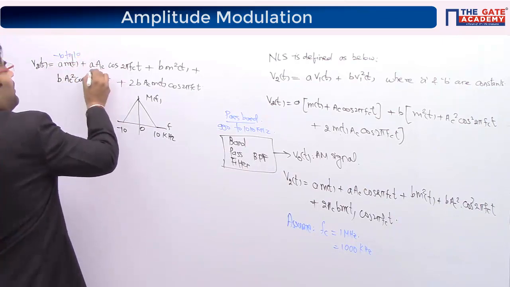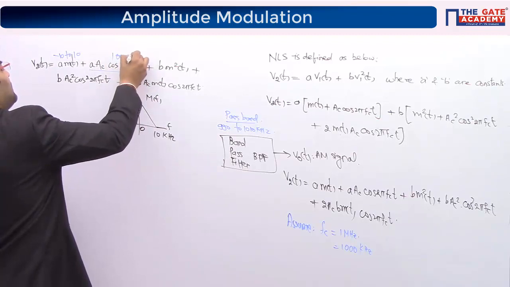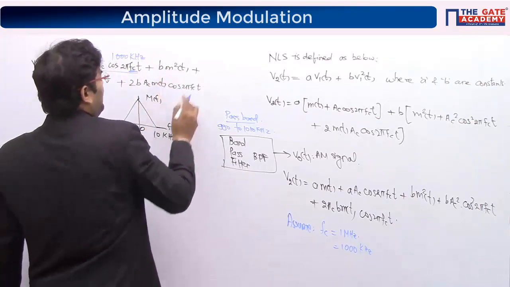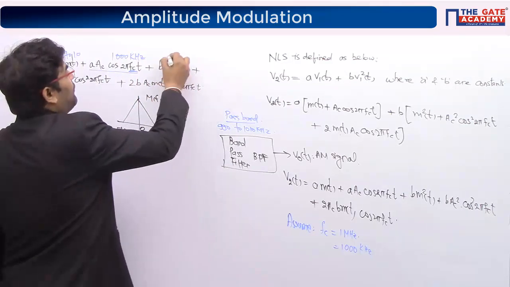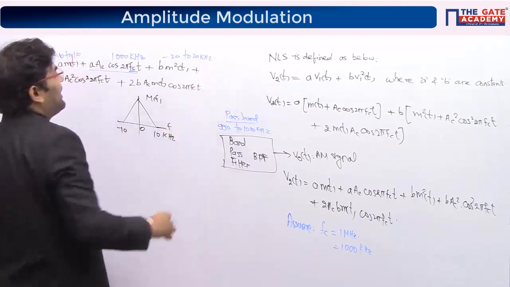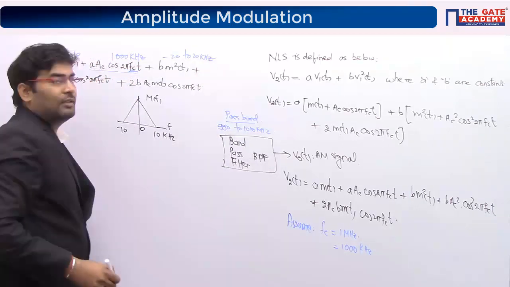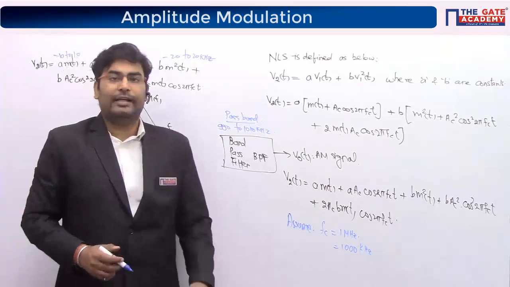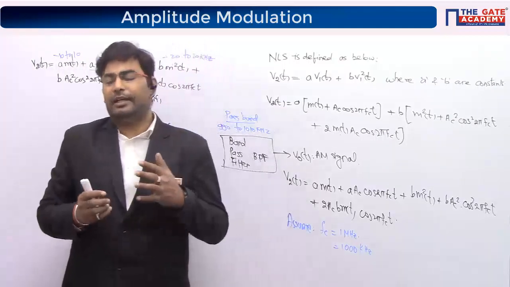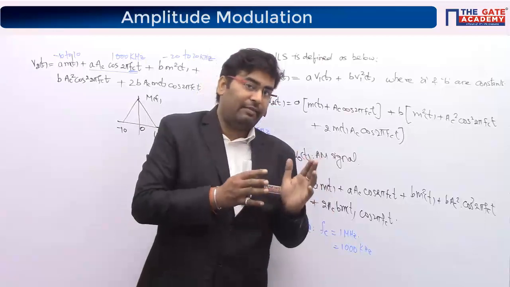Correct? What about this? This is the carrier frequency, so it is 1000 kilohertz. Now if you do m², it will become from minus 20 to 20 kilohertz. Guys, I am writing the frequency range of each and every term of this equation. m²(t) is a little different, because m²(t) is the multiplication of m(t) into m(t) in the time domain.